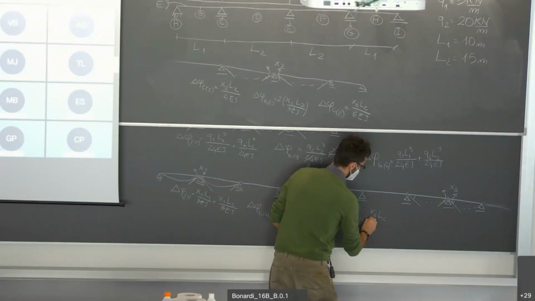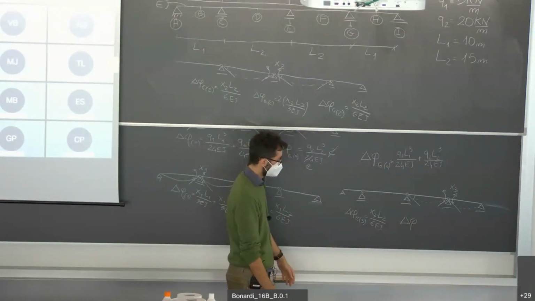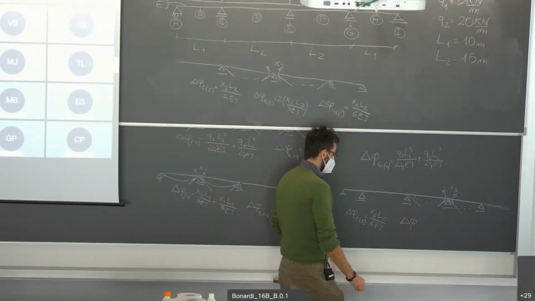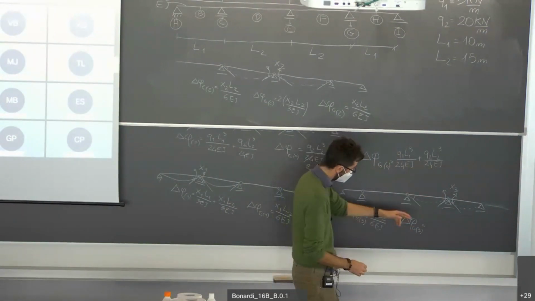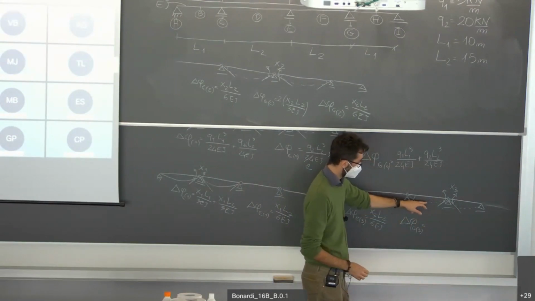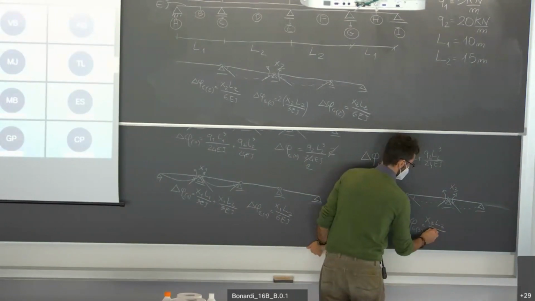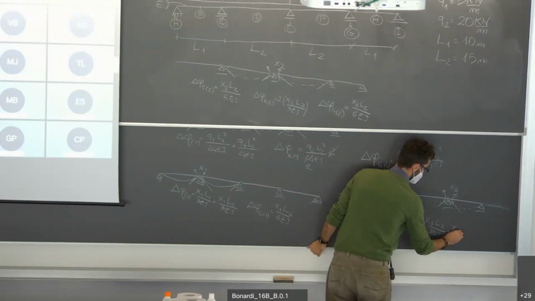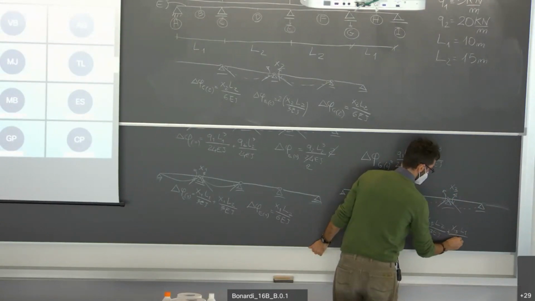And the relative rotation between this beam and this beam when x3 is applied in that node is this rotation, which is x3 times L2 over 3 iota plus x3 times L1 over 3 iota.